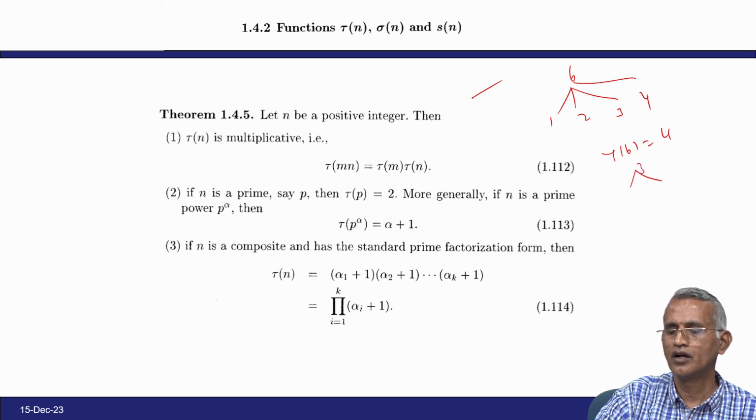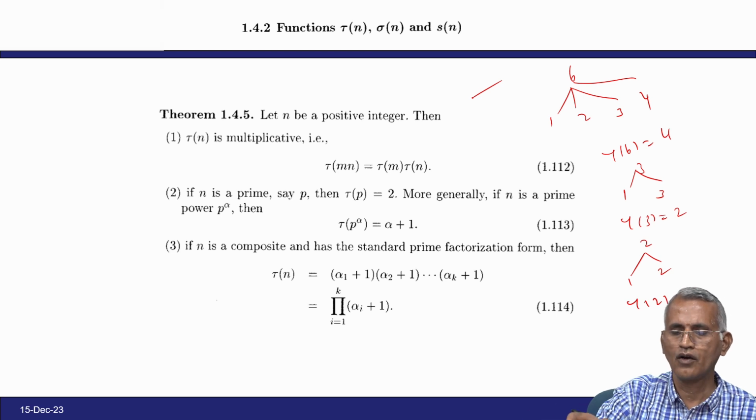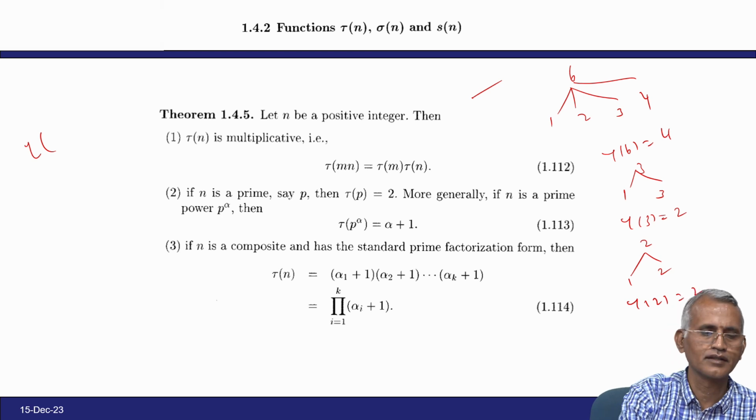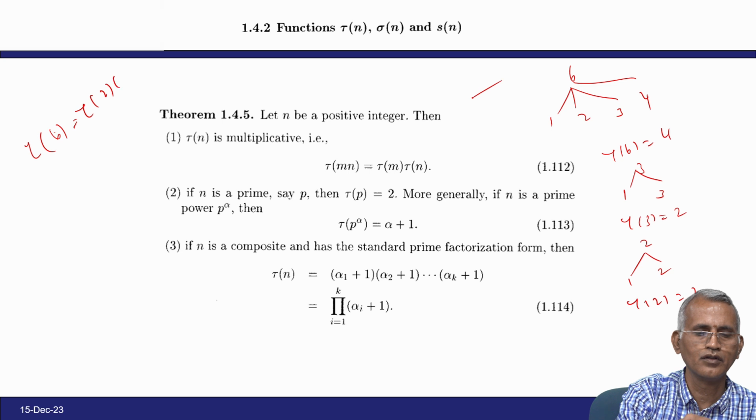So, it becomes 1 and 3, therefore tau of 3 equals 2, and for 2 you take 1 and 2, so tau of 2 equals 2. Now, tau of 6 is written as tau of 2 into tau of 3.